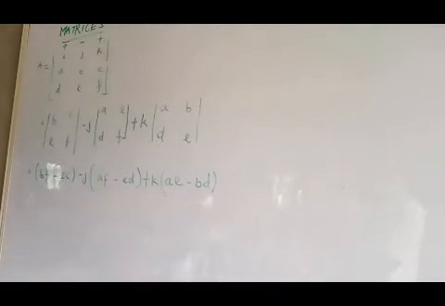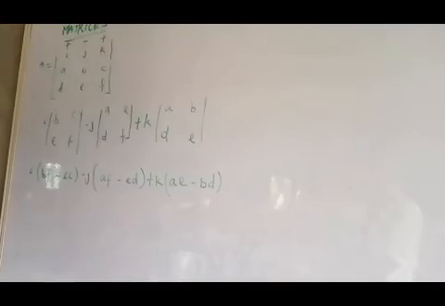So let's see an example under it before we wrap up in this video. So let's say I have 3, 2, 1, 5, minus 3, 2, 1, 0, 0. Now let's say I'm being told to find the determinant of matrix A here.